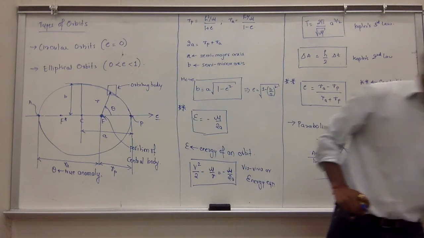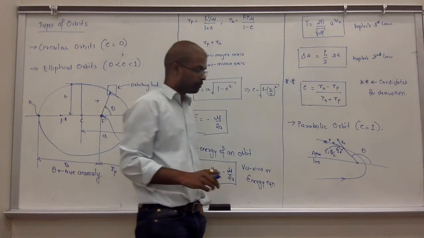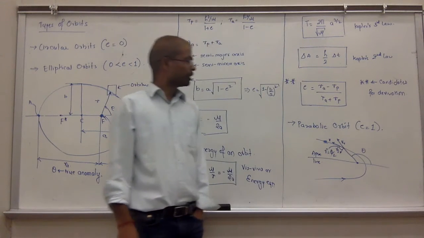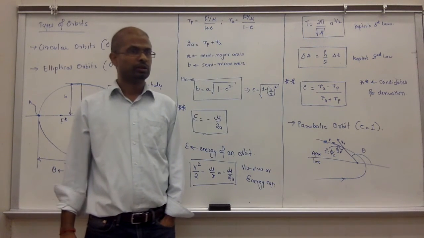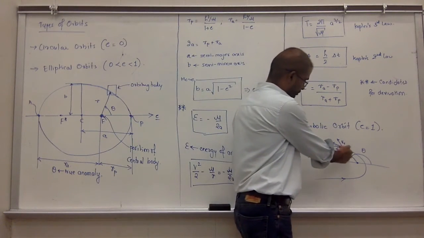Alright, so let's look at a parabolic orbit. This is what a parabolic orbit looks like. A parabolic orbit is an open orbit. See the velocity direction.